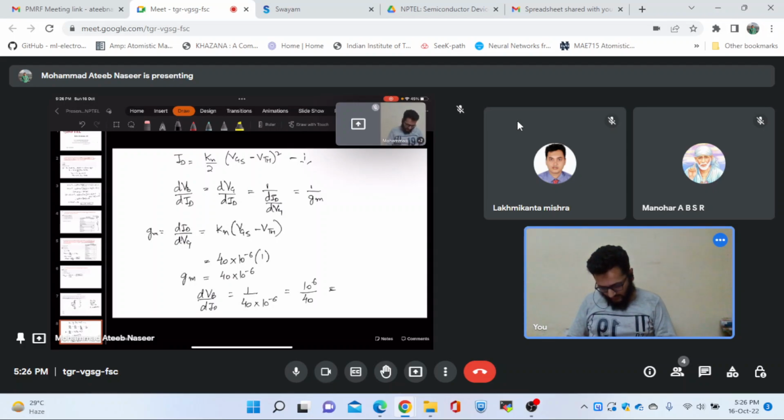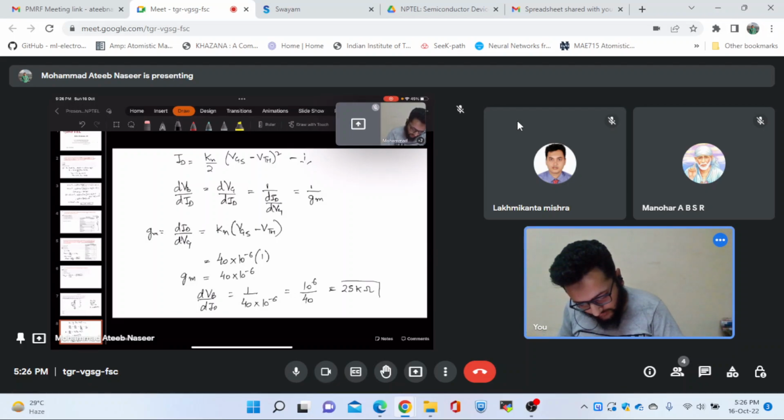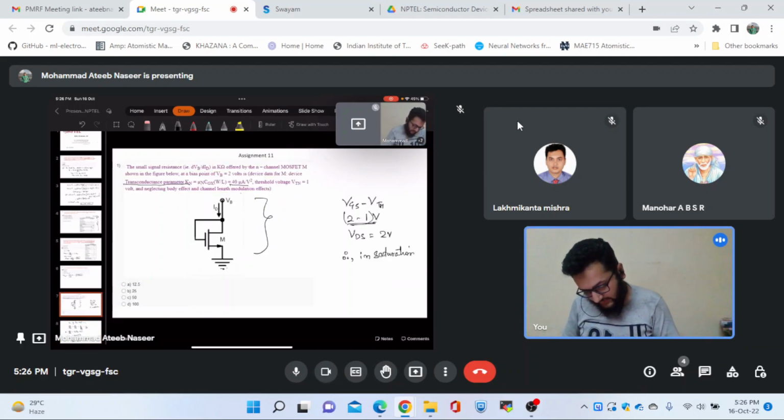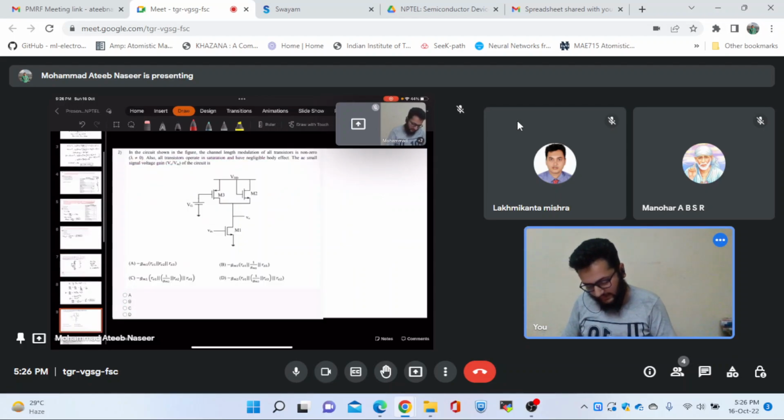Okay, it's 25 into 10 to the power 3, which is 25 kilo ohms. So let's check the options. The option should be in kilo ohms. Yes, so option B is the one that we are going to select.